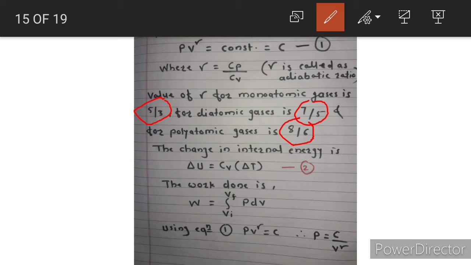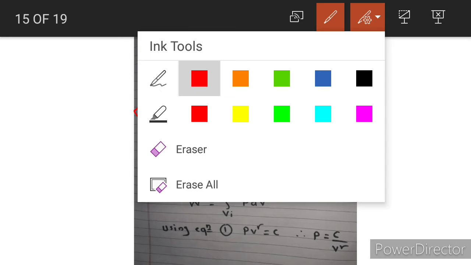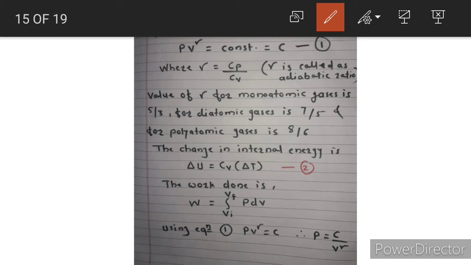Now, as we have seen earlier, when a system undergoes an adiabatic change, its temperature and internal energy both change. The change in internal energy is given by delta U is equal to CV into delta T, and this is equation number 2.